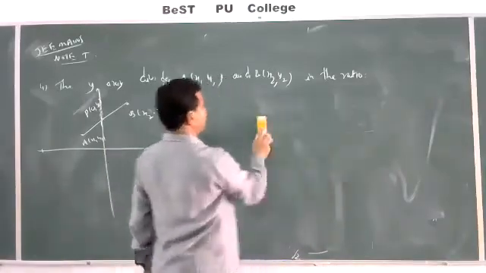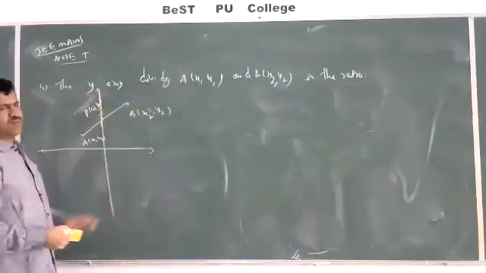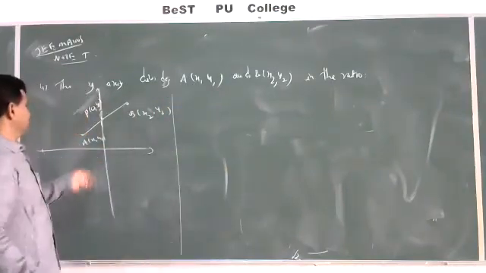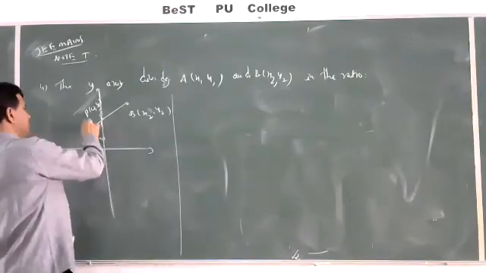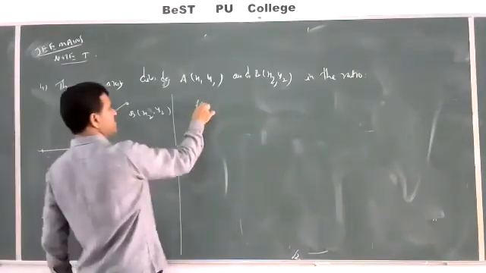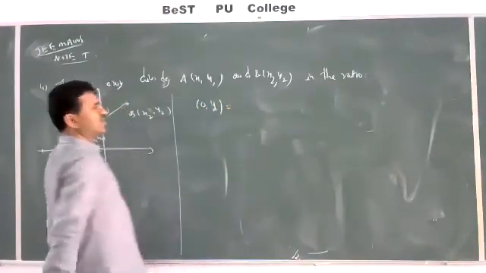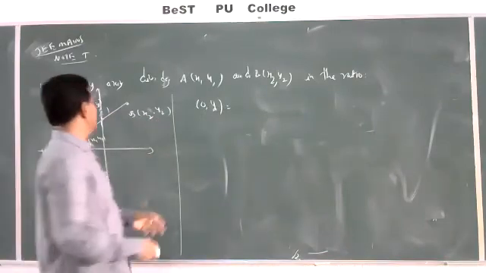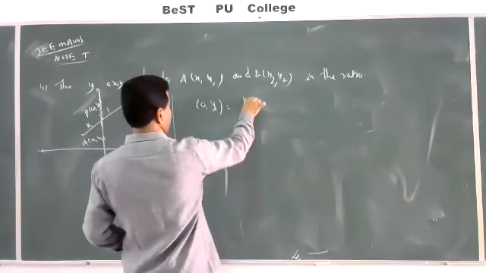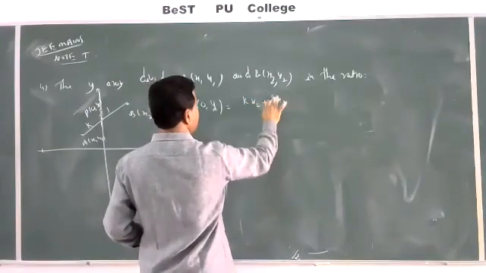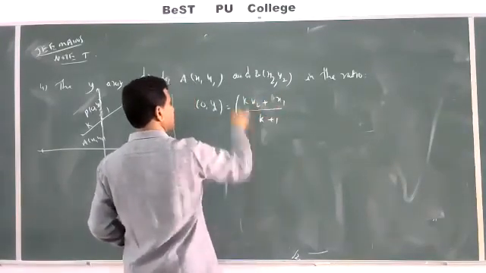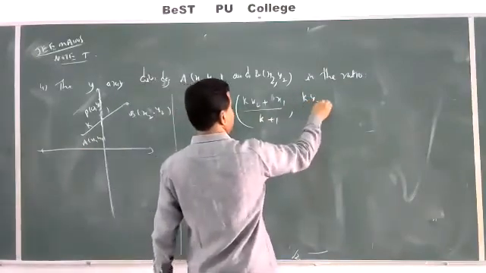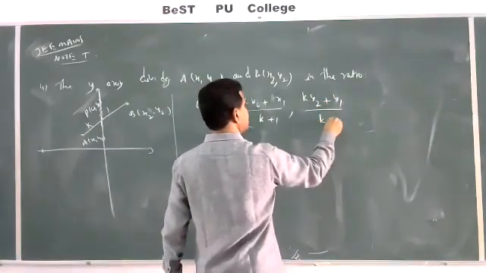Using the section formula, let this ratio be k is to 1. So (0, y) is equal to the internal division point, (k x2 + 1 x1) by (k + 1), next (k y2 + y1) by (k + 1).